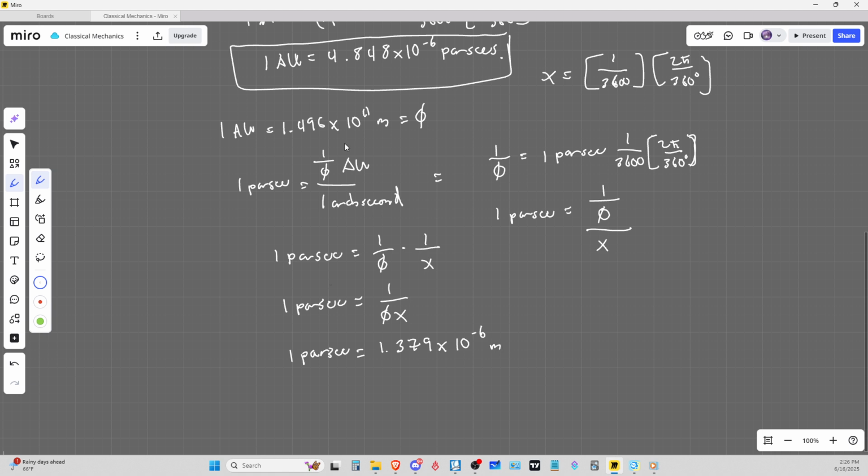Because the one thing that's iffy is that the reason why I didn't put 1 over an AU is because I don't want the meters to get in the way, because that's the one thing I don't want.